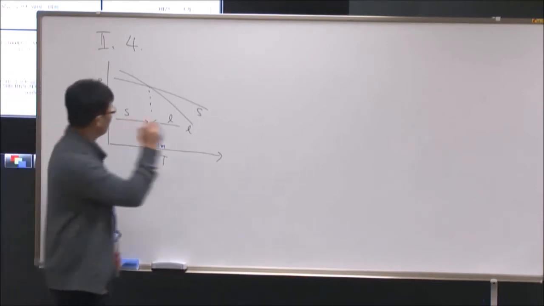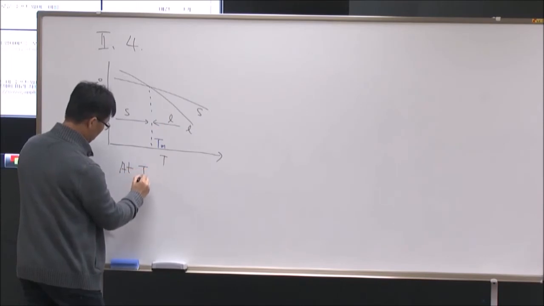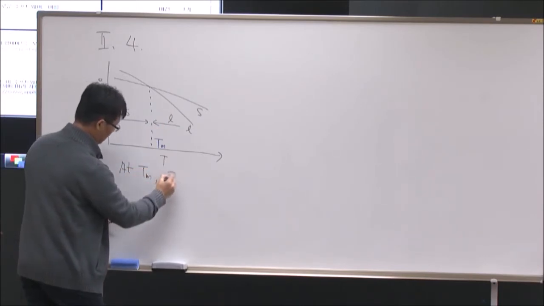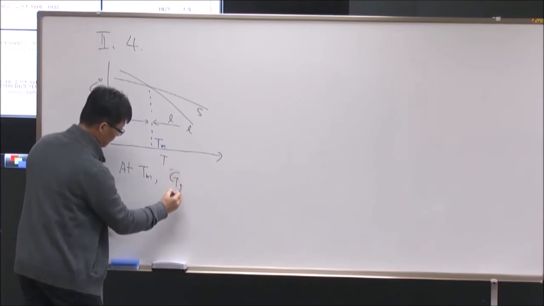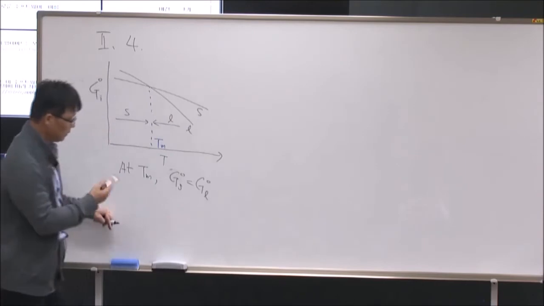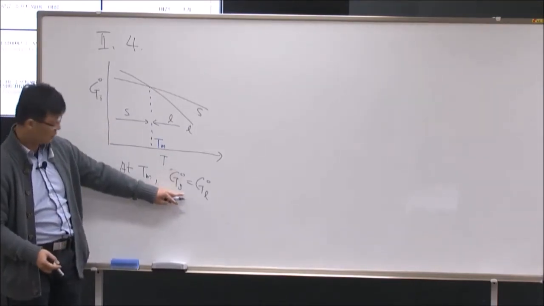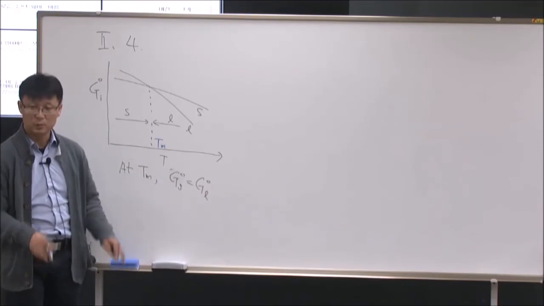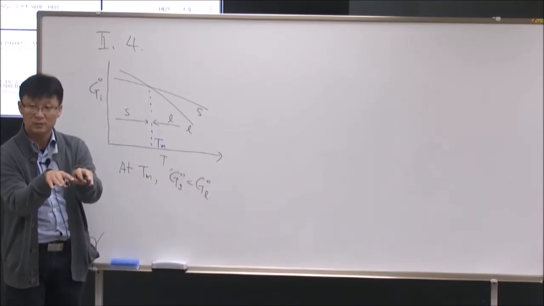Okay? So, at Tm, Gibbs energy of solid should be the same as Gibbs energy of liquid. Then there's the phase transformation. So when you have reactant solid, product liquid, when you have the same energy, two phases can exist together.